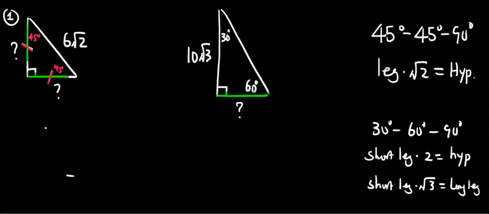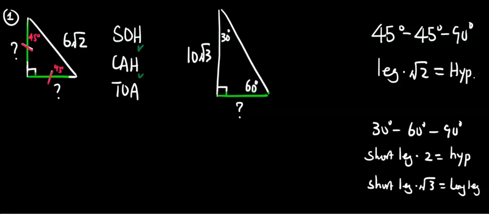Now, let's try our new method. Can we use SOH CAH TOA to find the missing leg length? Because this is a special right triangle 45, 45, 90, we have the hypotenuse. We also have the missing length as adjacent and opposite.